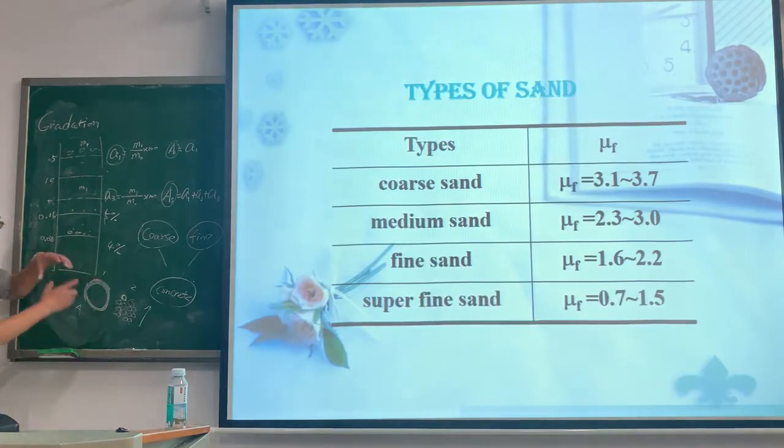So the surface is increased, and the cement paste needed to wrap it is also increased.